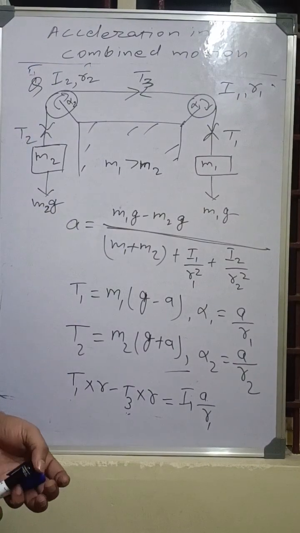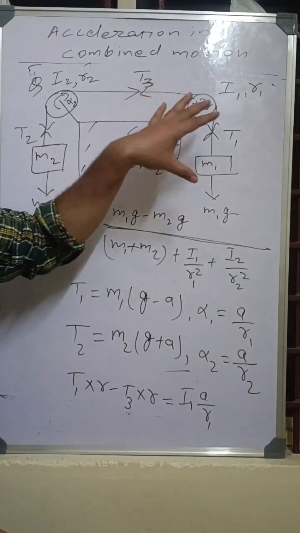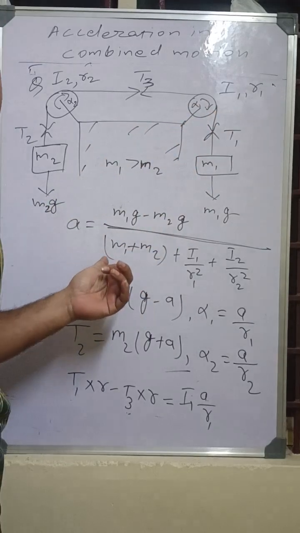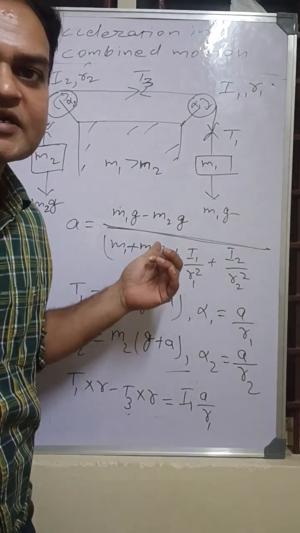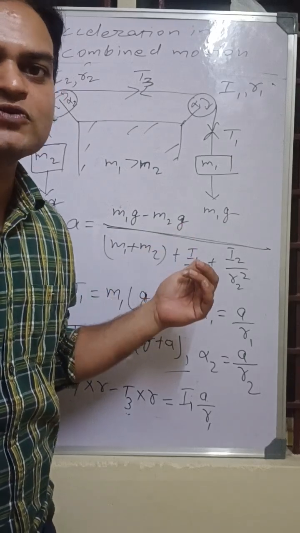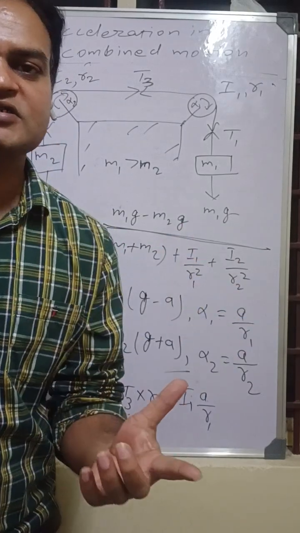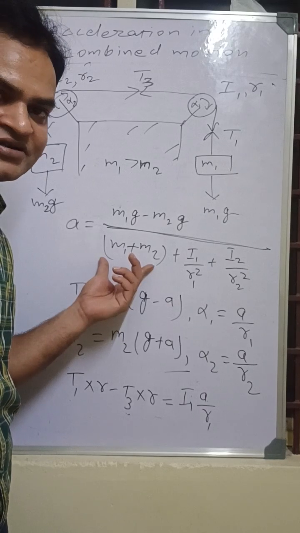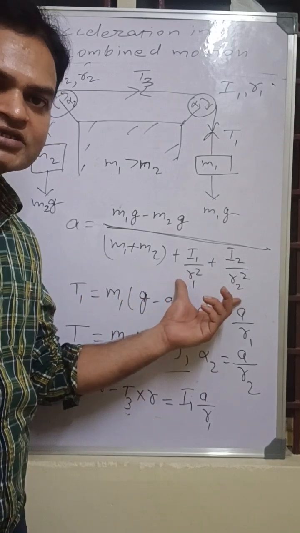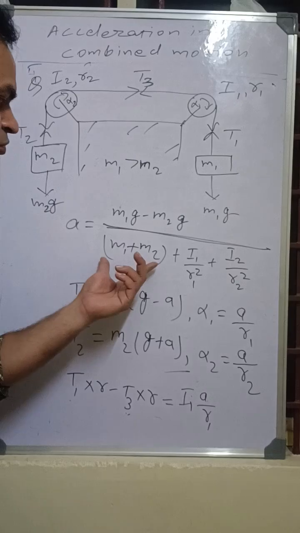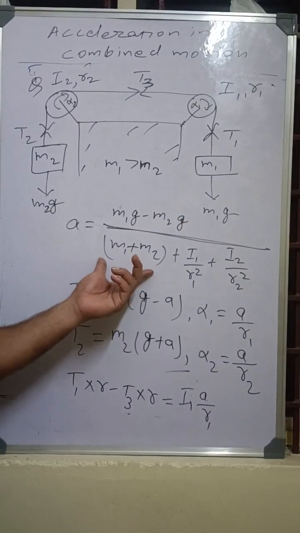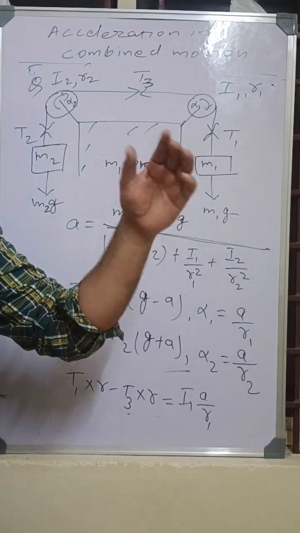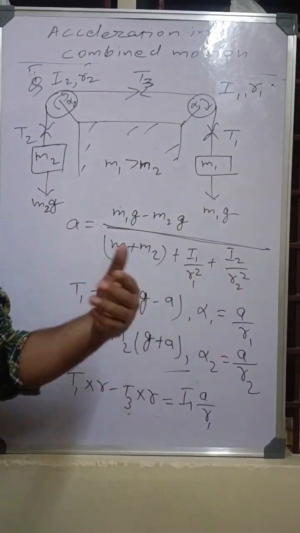Our motto to solve this type of question: remember this formula, acceleration equals net unbalanced force divided by total inertia of the system. Total inertia means total translational inertia plus total rotational inertia. We have to observe which body is only translating, which body is only rotating, and which body is both translating as well as rotating.